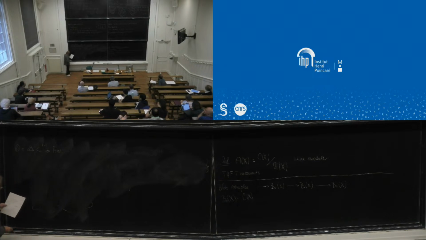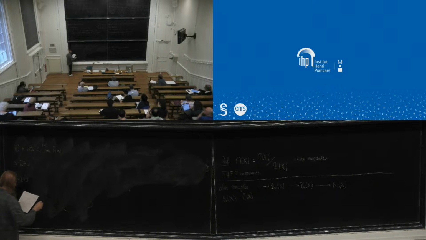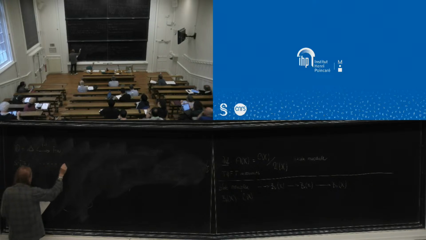So let me give you an example. S is this ordinal and T is this ordinal. So 1, 2, 3, 4, 5, 6, 7, and 1, 2, and F is the map which goes, for instance, like this.